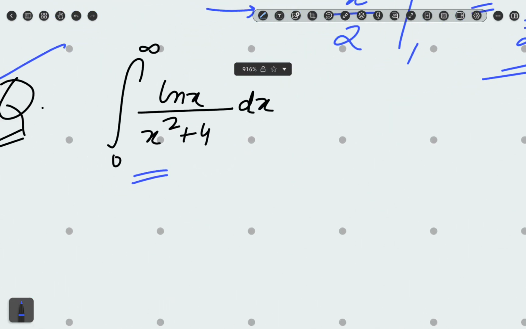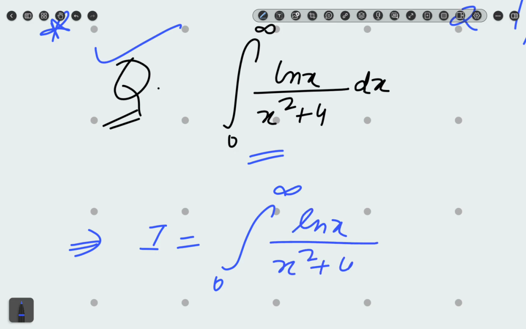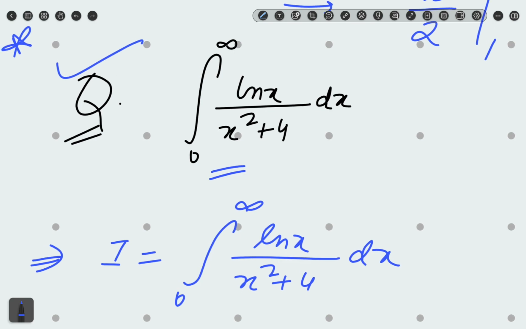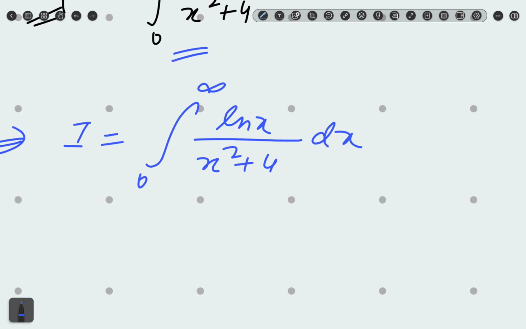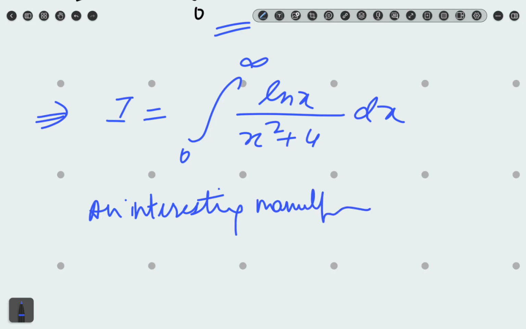Now look at this question. We obviously don't know exactly about this integral, but you can see an interesting manipulation in case of ln x.